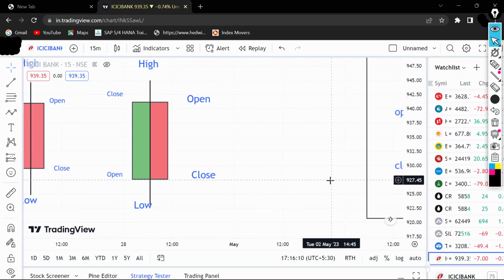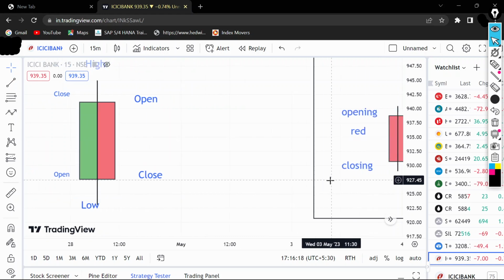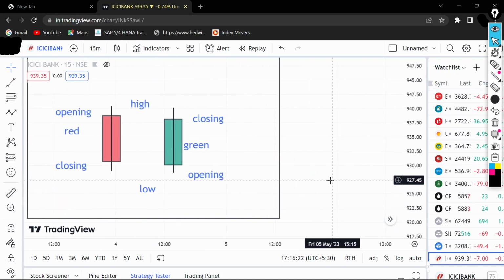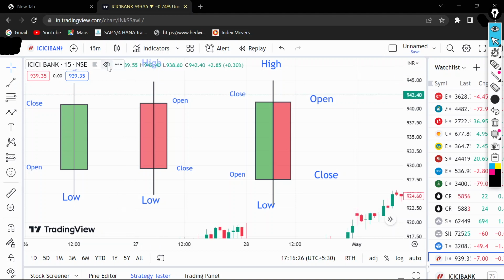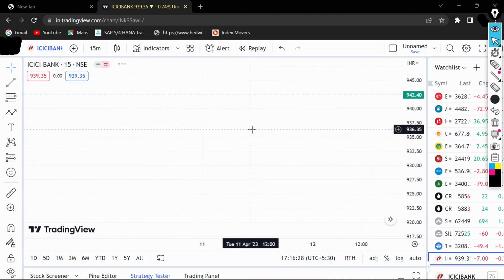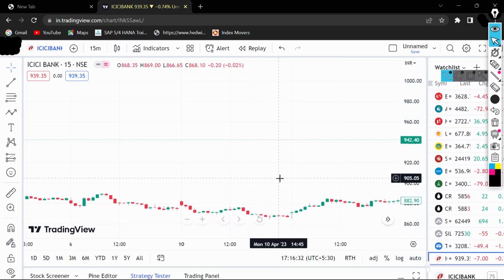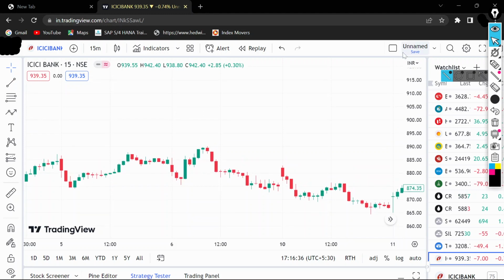So we studied the bullish candle and bearish candle. Let's observe it in a chart. This is a chart of ICICI Bank.